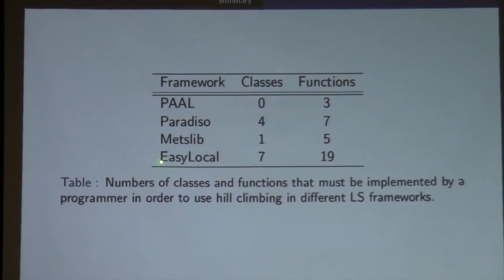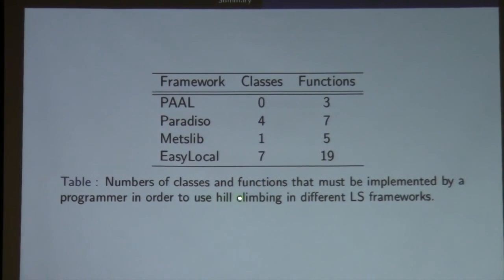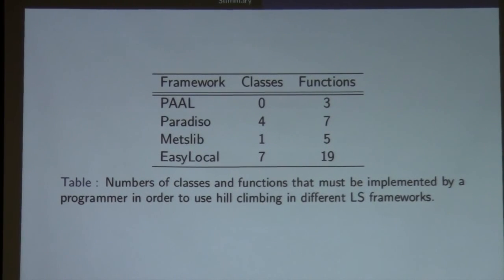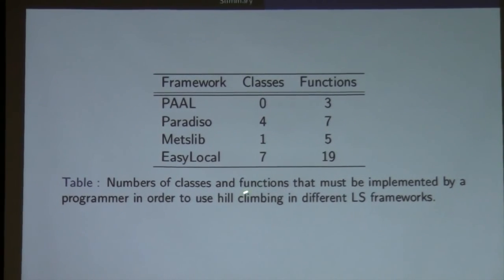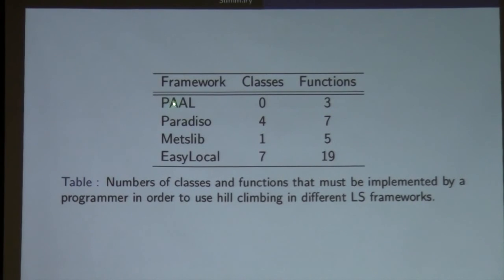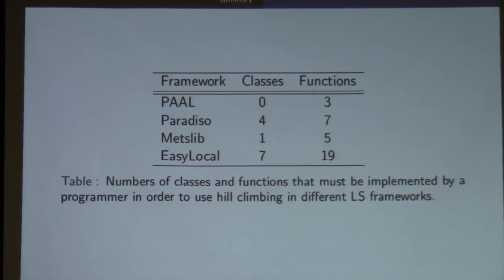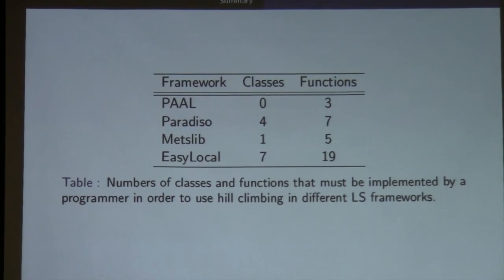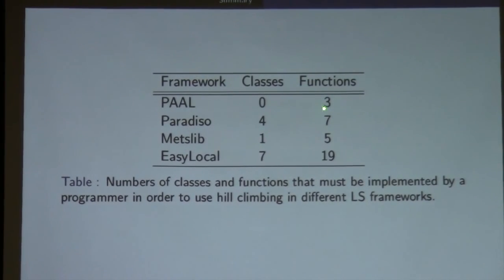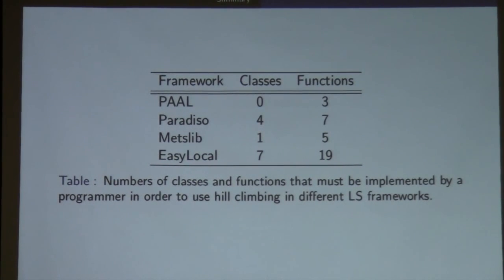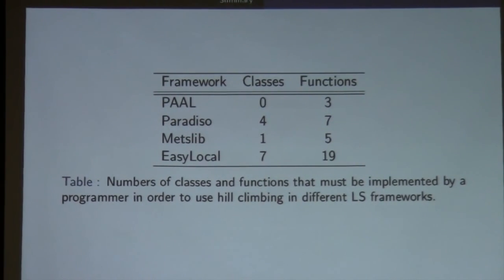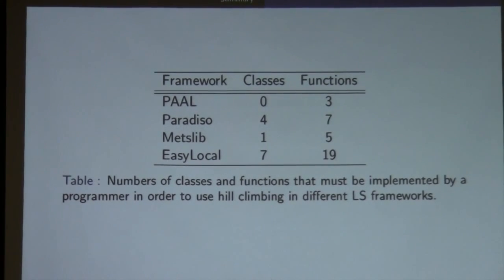Let's just focus on easy local: you have to write 7 classes and 19 member functions to write this hill climbing. Of course this is maybe not the best measure, because in our library you just have to use this components class, and maybe this is not very standard, so it's harder to understand. In Mathlib you only have to write 1 class and 5 member functions, but still we think that our design is very reasonable.